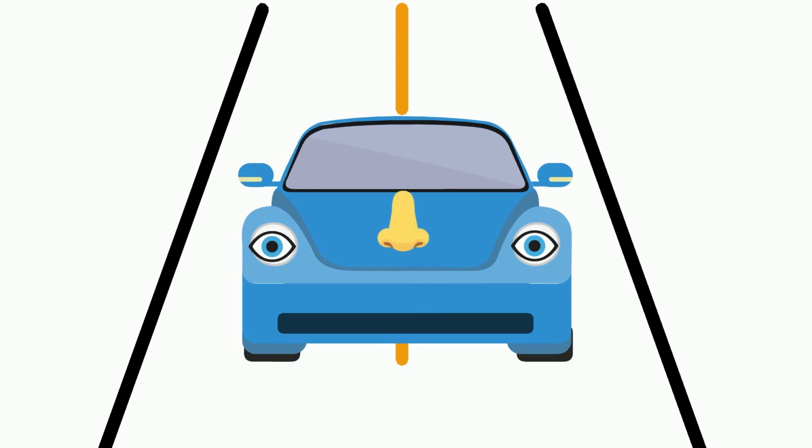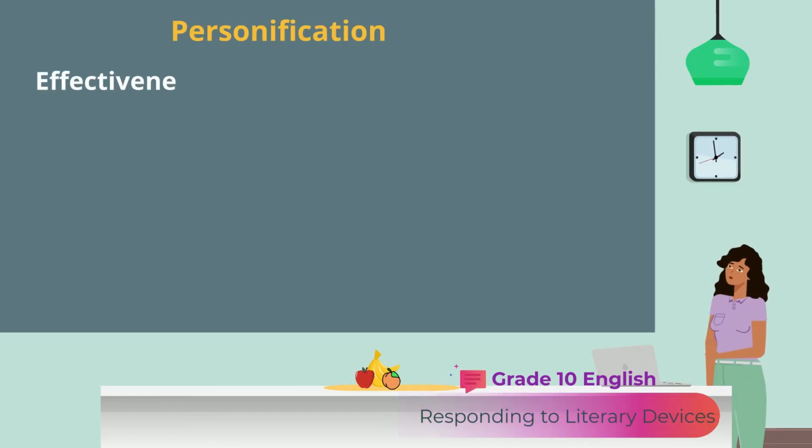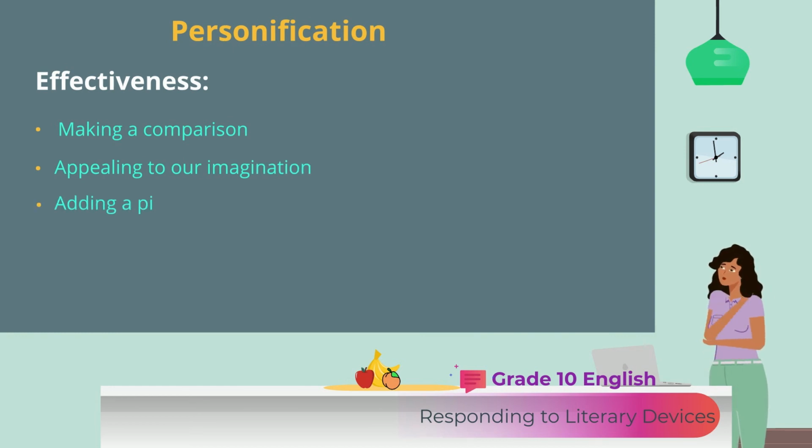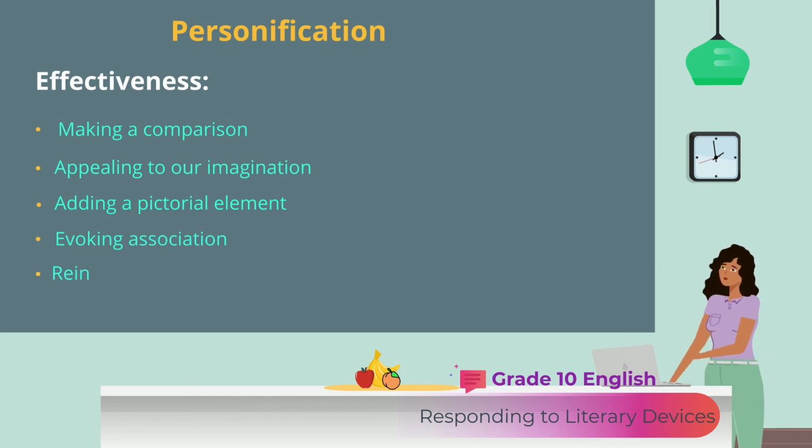In other words, a thing or object is given a human characteristic because of some similarity between the thing and the person. The special effect of personification includes making a comparison, appealing to our imagination, adding a pictorial element, evoking association, and reinforcing meaning.